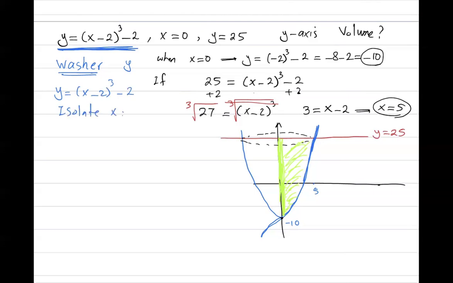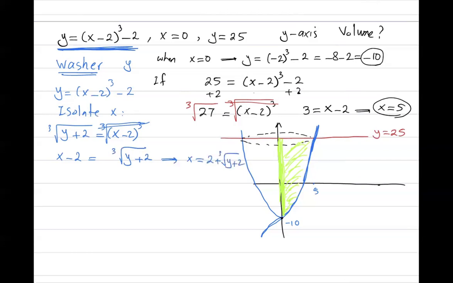To isolate x, add 2 to both sides. y plus 2 becomes (x minus 2) to the third. Now take the third root of both sides. So x minus 2 becomes the third root of y plus 2. And in turn, x is 2 plus the third root of y plus 2.